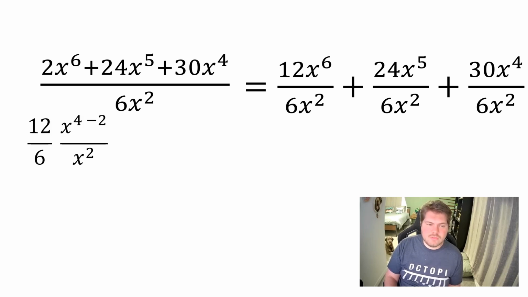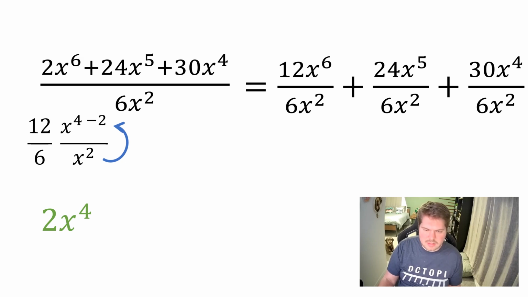So 12 divided by 6, and then x to the 4th divided by x squared. Now, remember, you can subtract the exponent because think about it again, as it's 4 x's divided by 2 x's. So there's 2 left over the top. So this first term would be 2x squared.